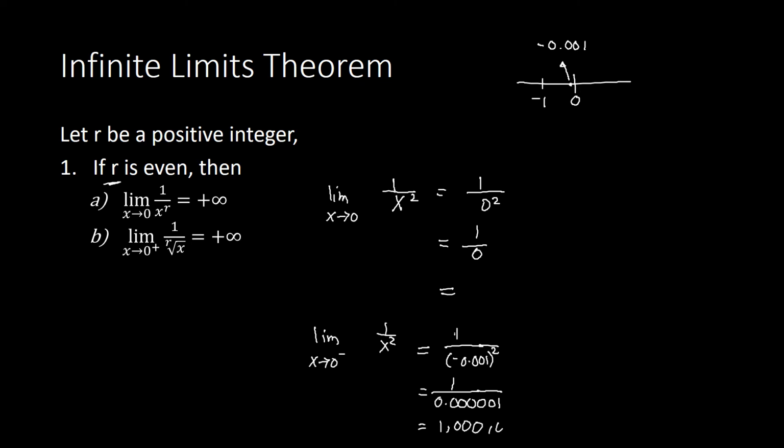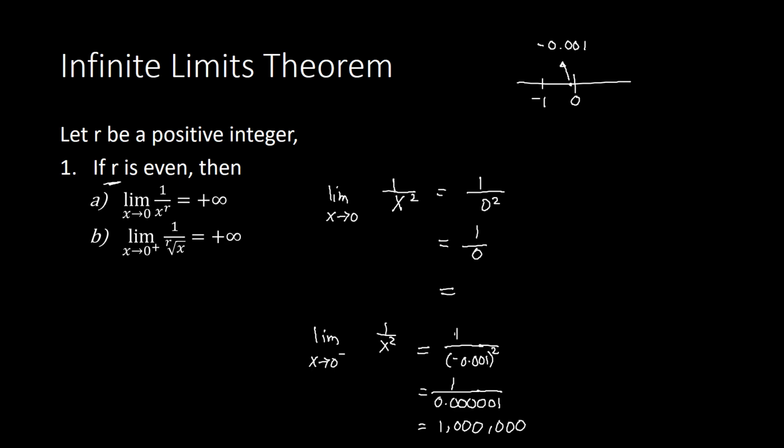And if you try to add more zeros to the values, let's say you've got negative 0.0001, this one here will become bigger and bigger. And notice that this is positive. So it will be becoming bigger and bigger and bigger, but that is a positive.